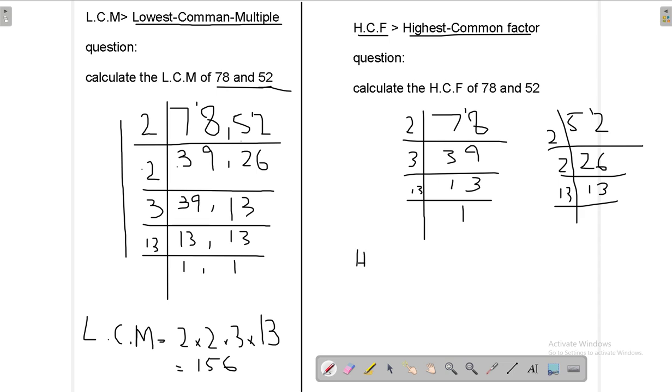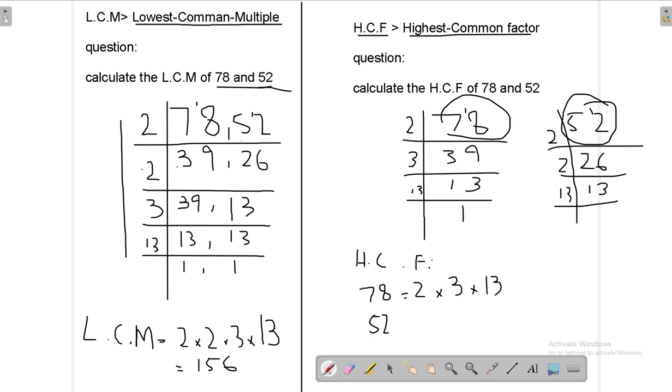Now the HCF is going to be quite different from the LCM. For the HCF of these two numbers, this one and obviously this one, you're going to write HCF like this, put an equals sign, put the factors out here, 2 into 3 into 13, and put the common factors of 52 out here, which are actually 2 into 2 into 13.